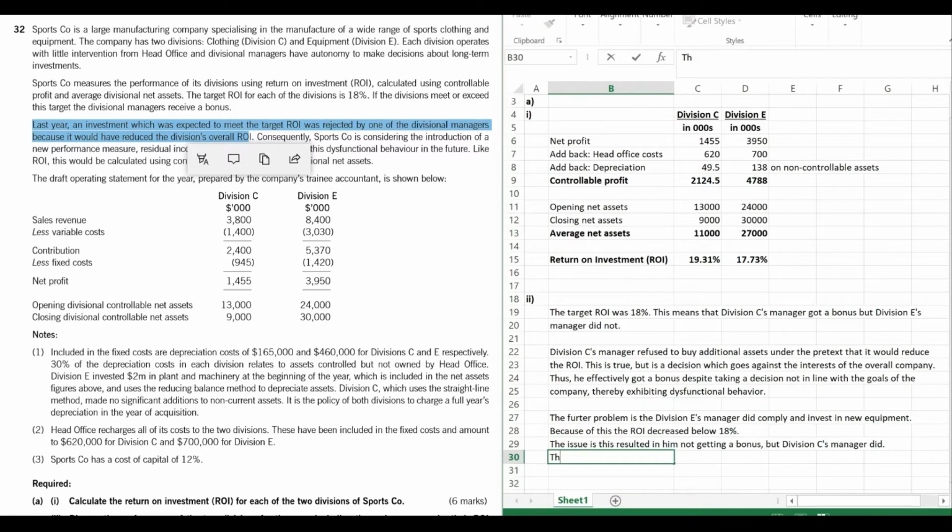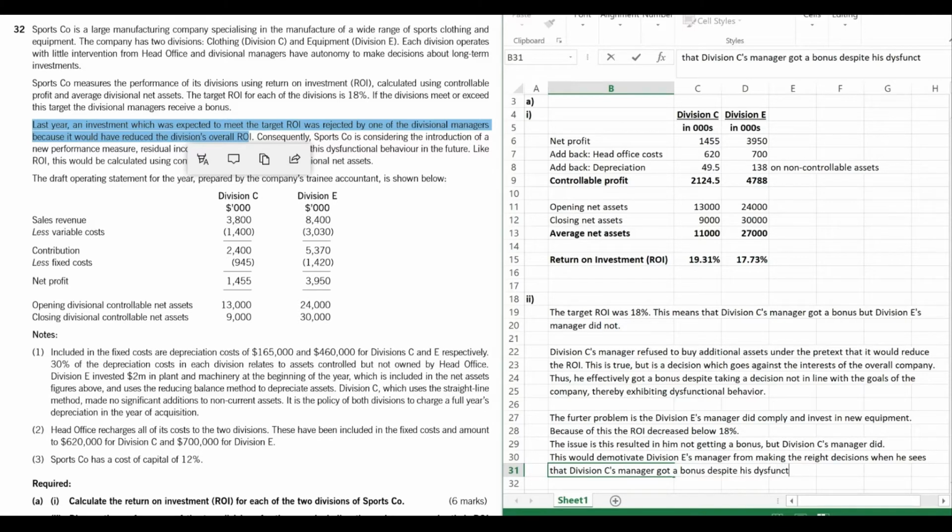This would demotivate Division E's manager from making the right decisions when he sees that Division C's manager got a bonus despite his dysfunctional behavior, right?